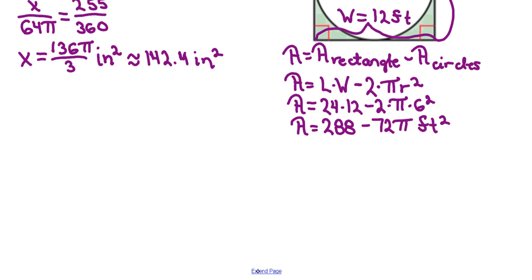And if I enter that into my calculator to get a rounded answer, I would end up with, to 1 decimal place, approximately 61.8 square feet. So again, that 61.8 is coming from taking 288 minus 72 pi and rounding to 1 decimal place.